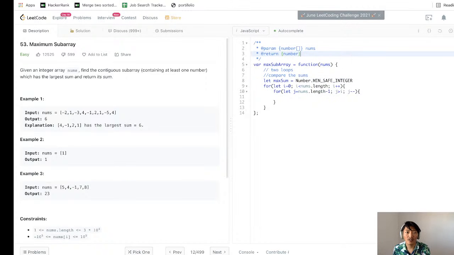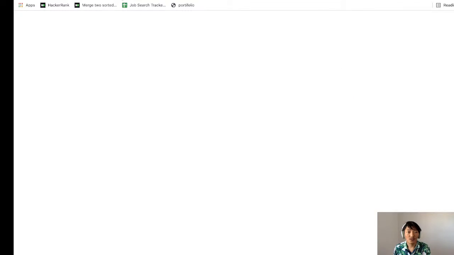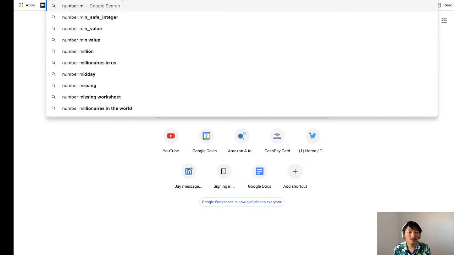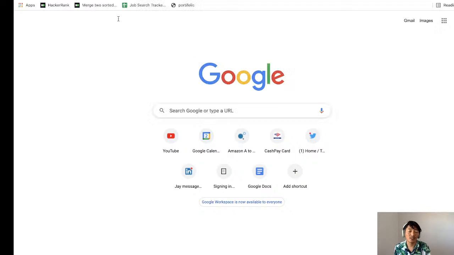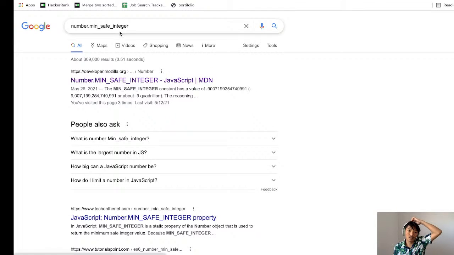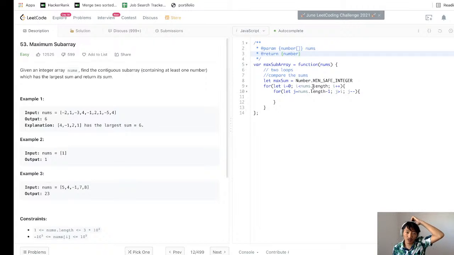Let's check. Number.MIN_SAFE_INTEGER. Right, that is the correct one. We are setting the max to this because there could be cases where all numbers are negative. So this is the max sum.